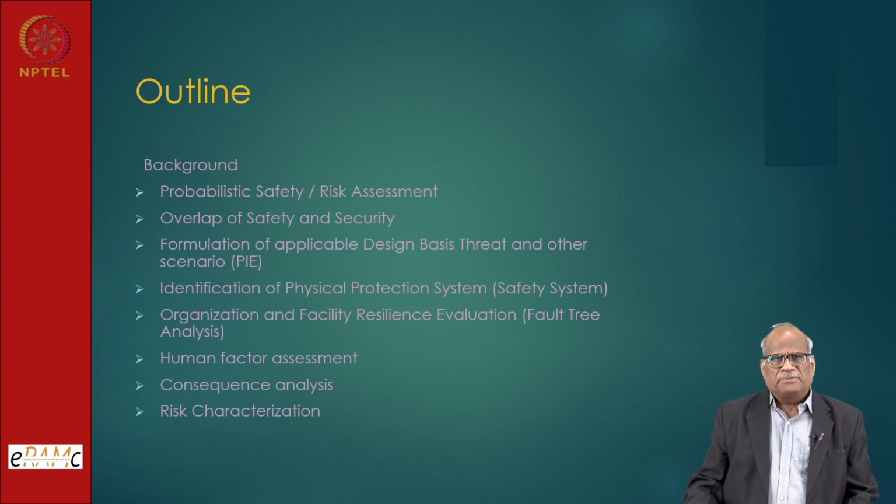Now, as I was mentioning, there is an overlap of safety and security, and this was one of the reasons I was trying to see the event tree capability to work on, because if I have a probabilistic safety assessment model available, my job becomes a lot easier when I want to evaluate the overlap of safety and security. Point number one.